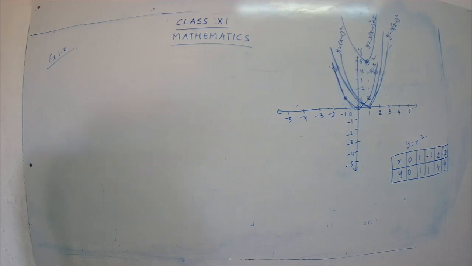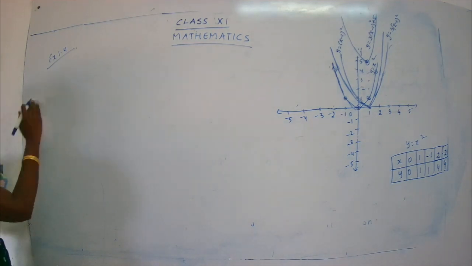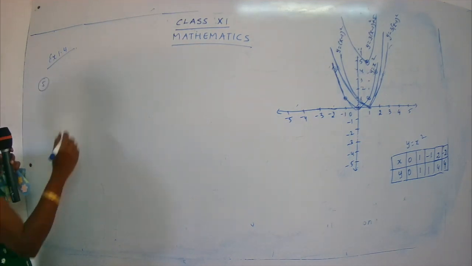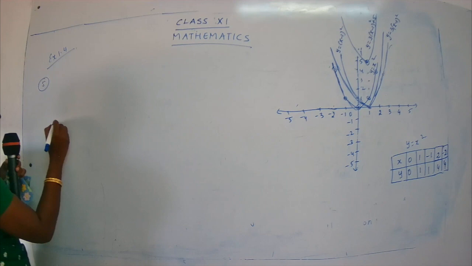I'm just going to draw a graph of y is equal to sin x. You should know how the graph of sin x looks like, and how the graph of cos x looks like and so on. So first, I'll teach you how the graph of sin x looks like. So sum number 5, everyone has to start along with me.